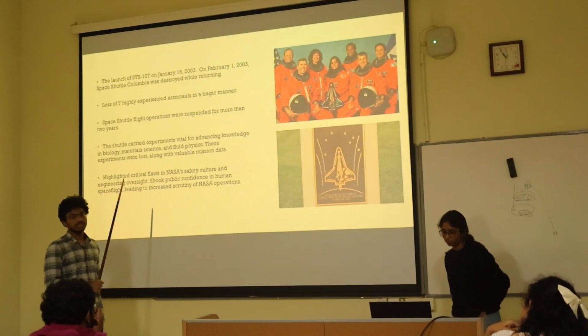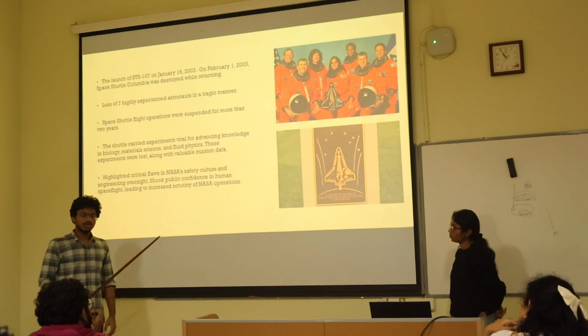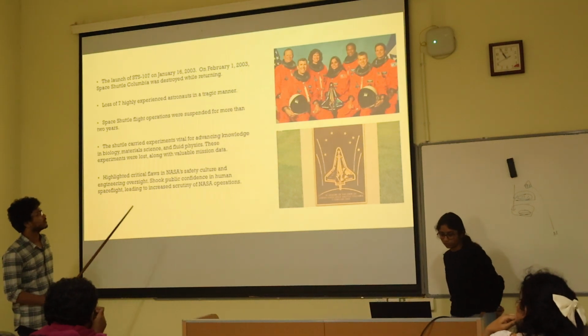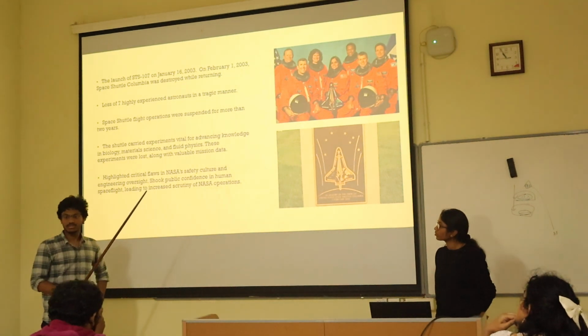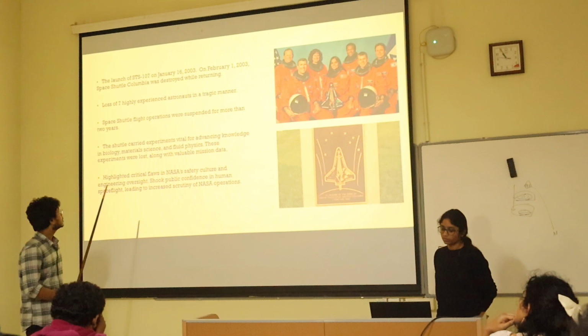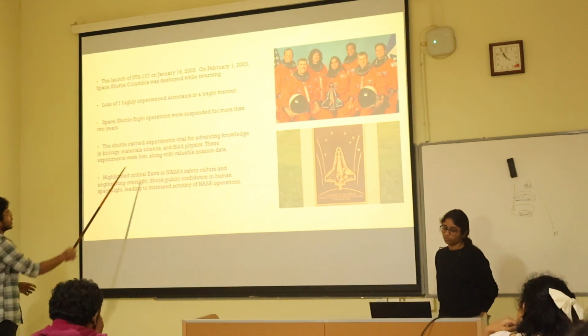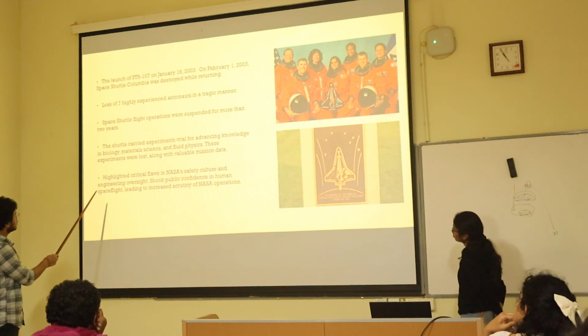Only for this STS-107, the remaining STS missions were conducted to perform various things, but this one was mainly for scientific purposes, and the 7 crew members lost their lives.